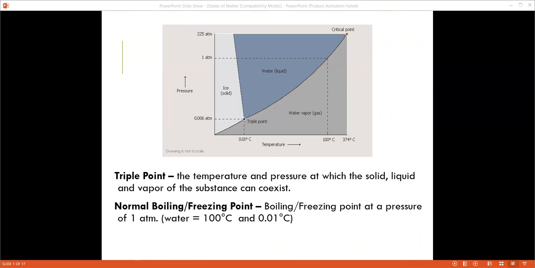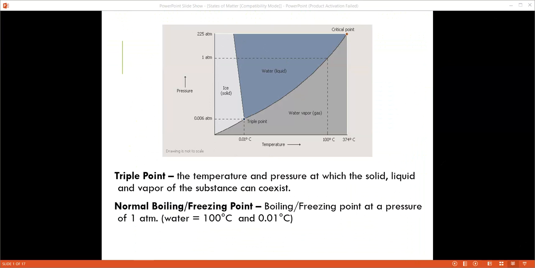And then the point at which 1 atm crosses this solid-liquid line here, that's the point that your substance goes from a solid to a liquid. So that point right there is the melting point or freezing point.